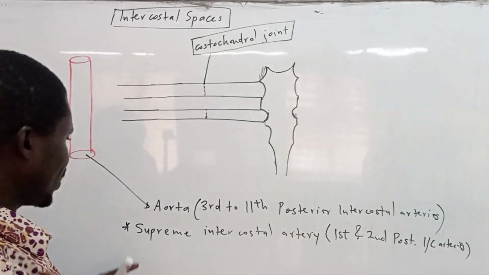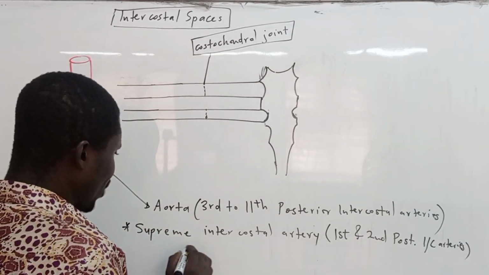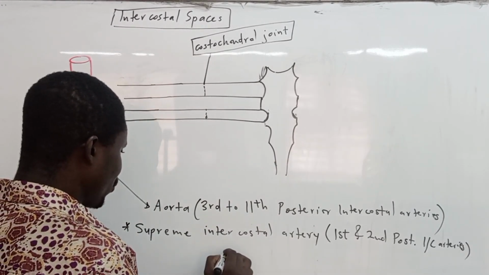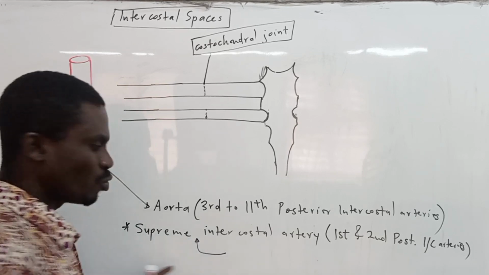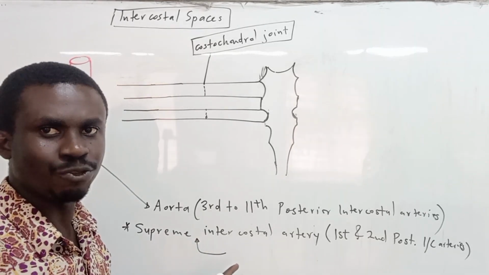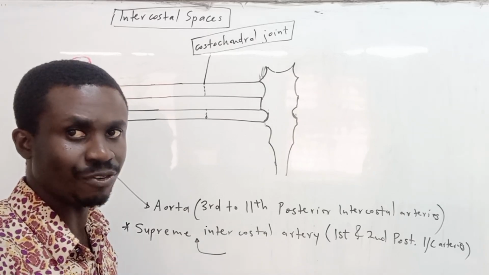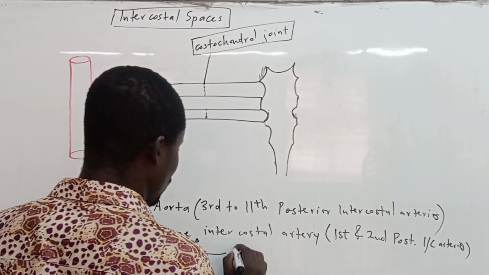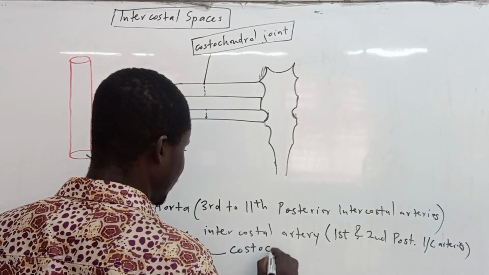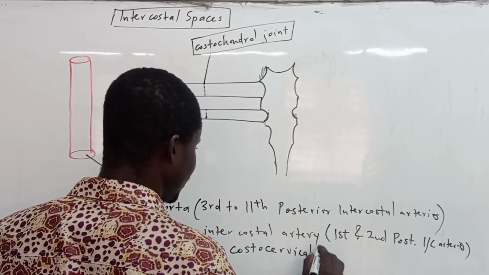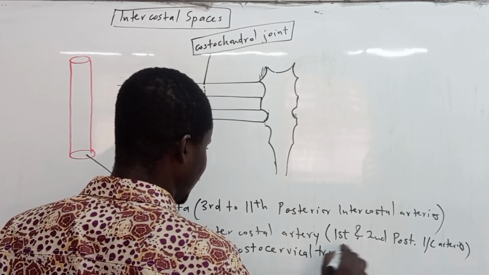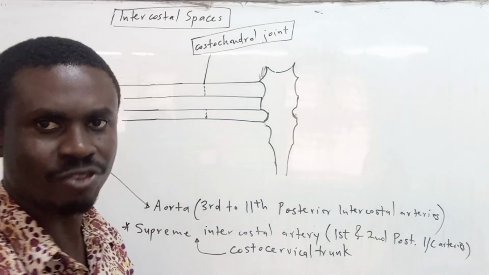So the supreme intercostal artery is the branch of which artery? Your answer is the costocervical trunk. Costocervical trunk.